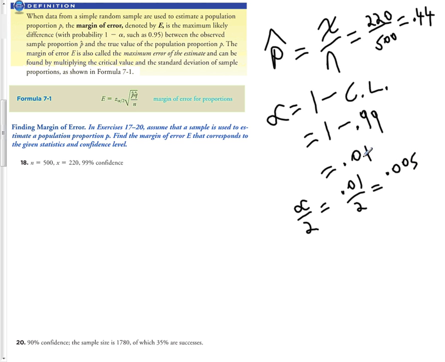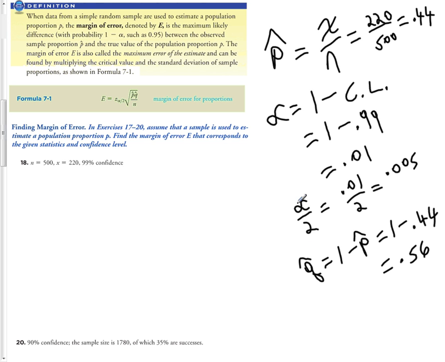Once I have p hat, I can find q hat because it's 1 minus p hat. So q hat is equal to 1 minus 0.44, which is 0.56. So there I have p hat, I have q hat.